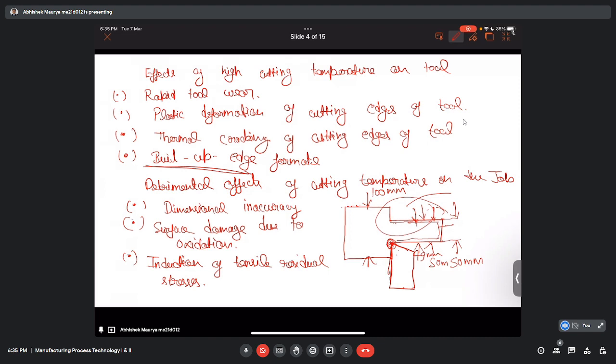Because of high temperature rise and non-uniform cooling, this type of tensile residual stress can take place near the surface of the workpiece, which is not required at all, because tensile residual stress means reduced fatigue life.